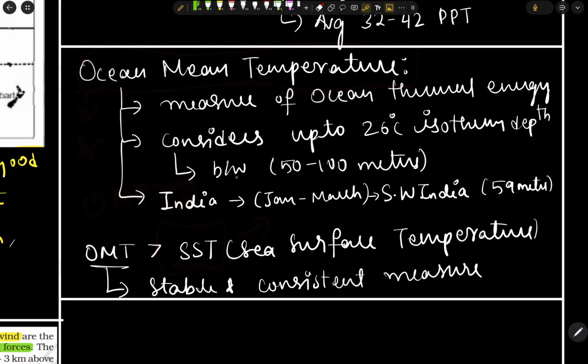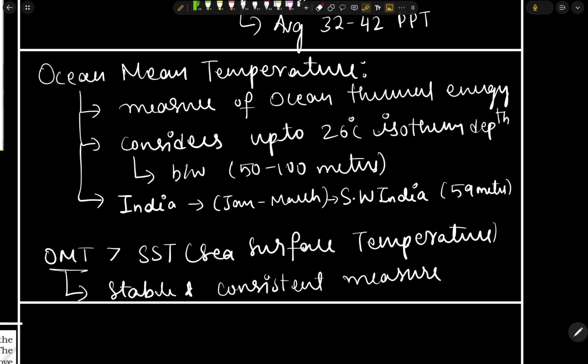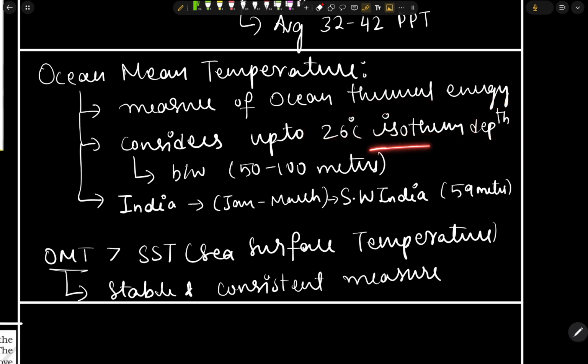parameter to measure the temperature compared to the sea surface temperature, because in the oceanic mean temperature we try to record the temperature up to the 26 degrees isotherm depth. Isotherm is nothing but the joining of the areas of the same temperature by a line.